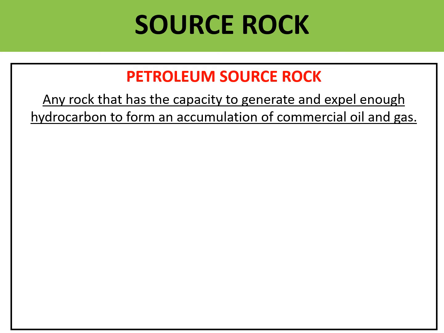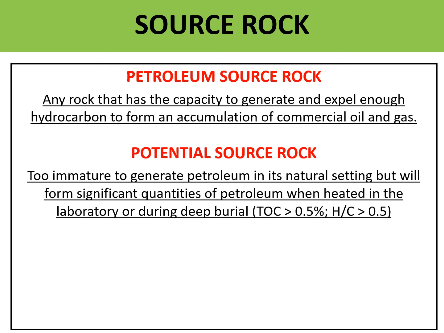The petroleum source rock here refers to any rock that has the capacity to generate and expel enough hydrocarbon to form an accumulation of commercial oil and gas. So in a sense, practically all rocks that contain high organic matter are assumed to form some hydrocarbons.